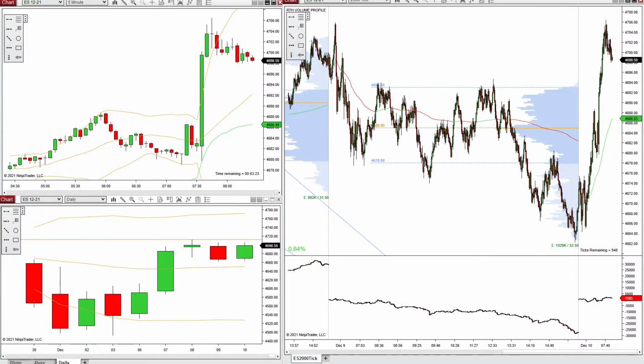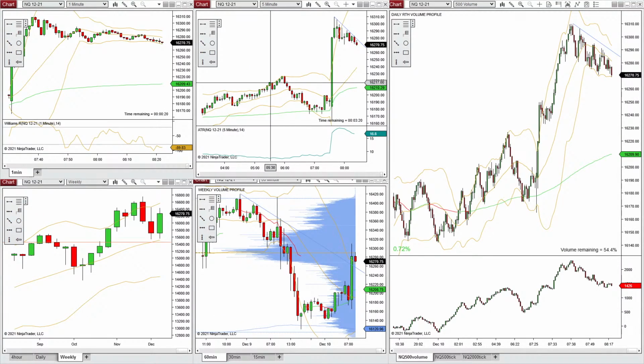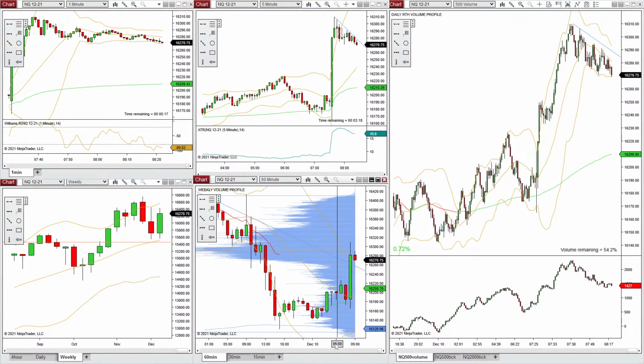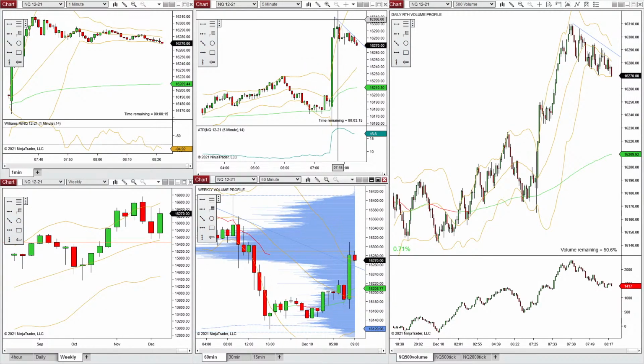So my game plan on the Nasdaq would be this little downtrend line, this little bull flag looking thing, big impulse up, big buying, weaker selling. You break this trend line for it to then move up, might be an opportunity.